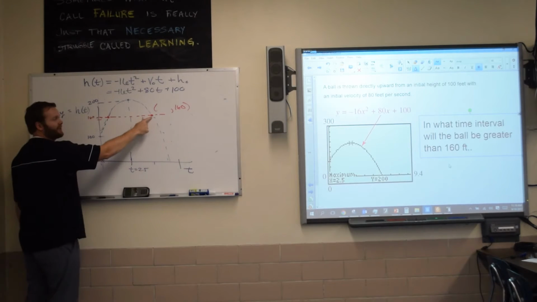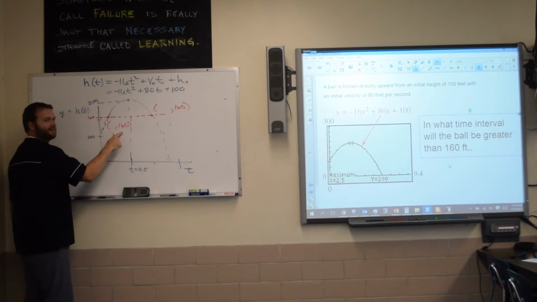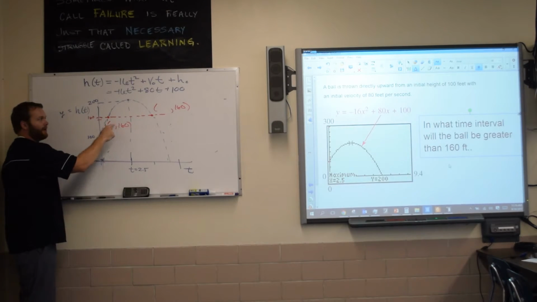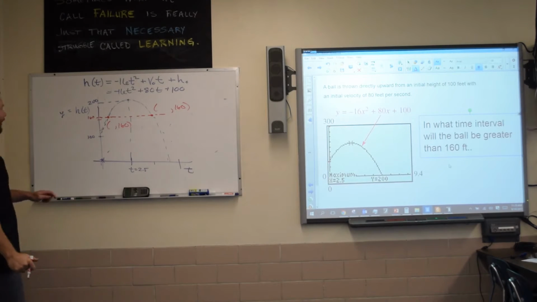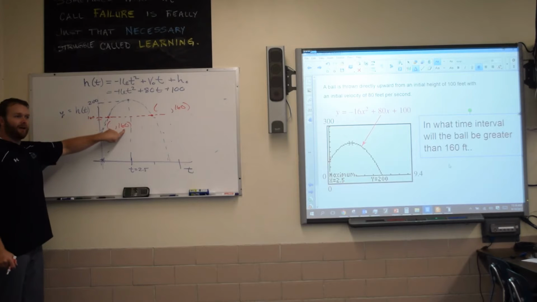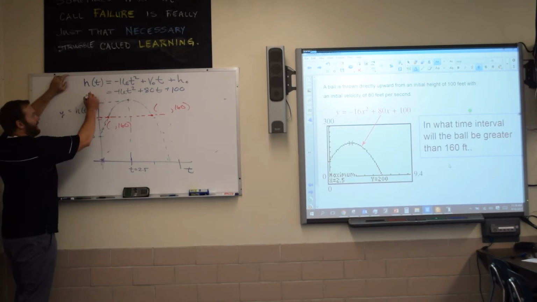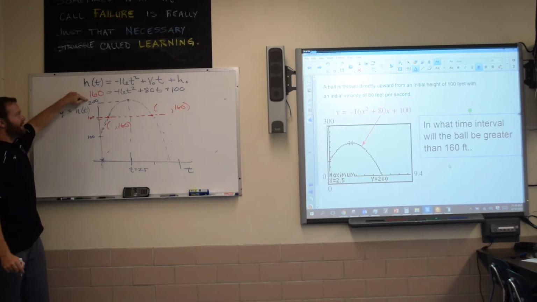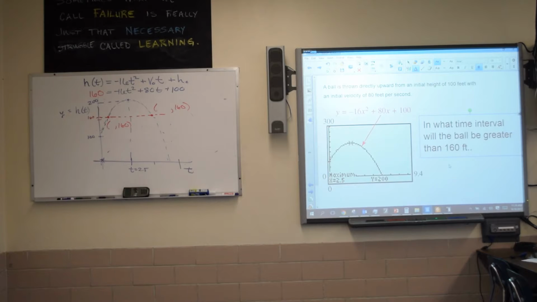Isn't the y value of that spot 160? Isn't the y value of this spot right here 160? Okay. Now we're trying to find the t value that's associated with this. Okay. Well, remember that's an h of t value, right? So can I say that that number, h of t, is now 160, set equal now to my quadratic equation that will solve then for t?